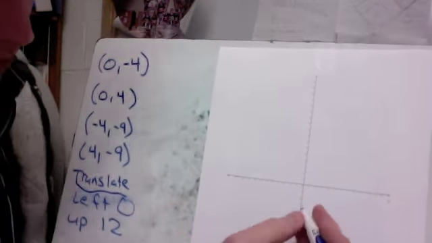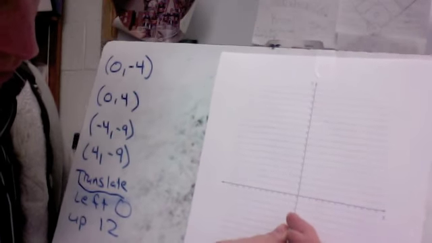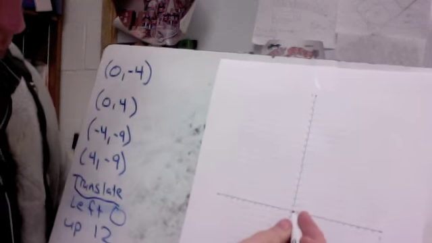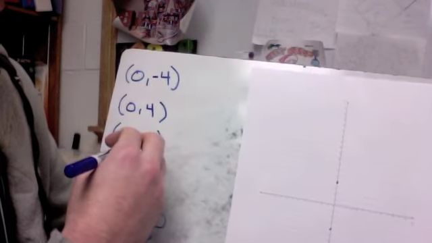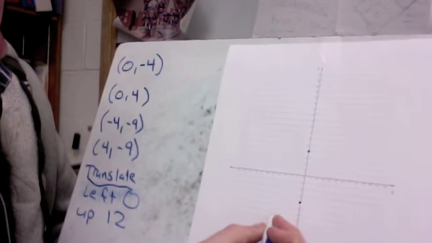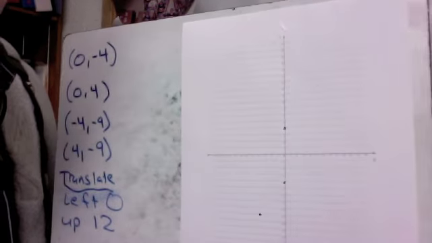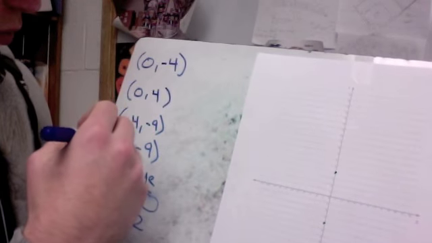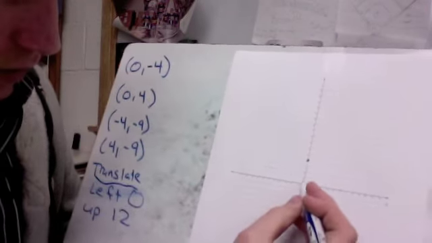So 0, -4 is going to be right here. We'd go left or right, none, down 4. 0, 4 would mean left or right, none, up 4. -4, -9 would be here. And then we've got 4, -9.